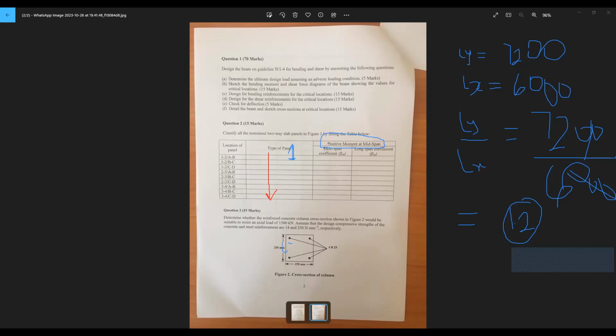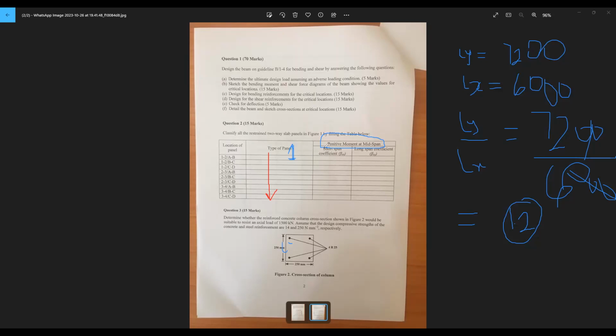And under 1.2, that is where we are classifying the short span coefficient. Do you get it? Under two adjacent edges discontinuous, you see positive moment at midspan.